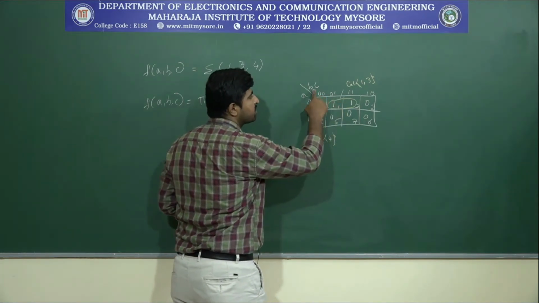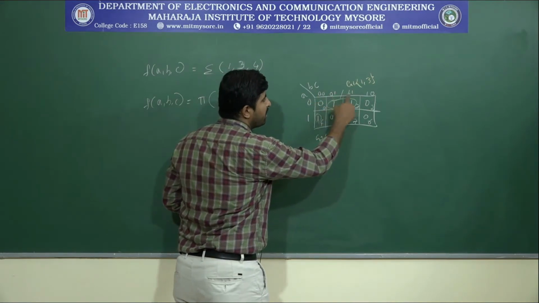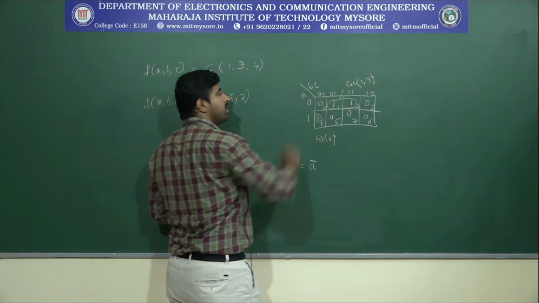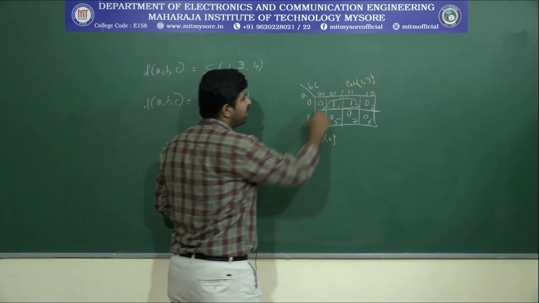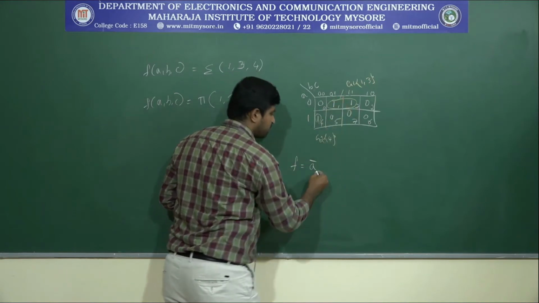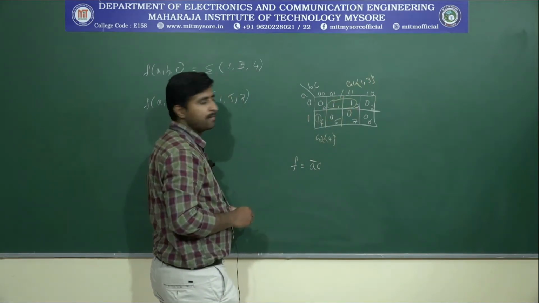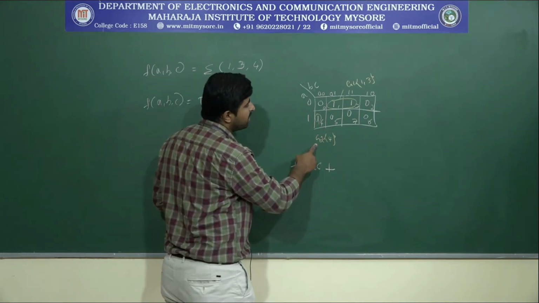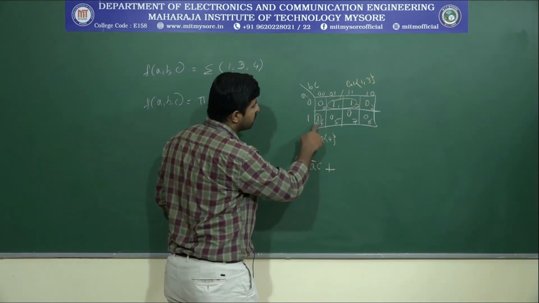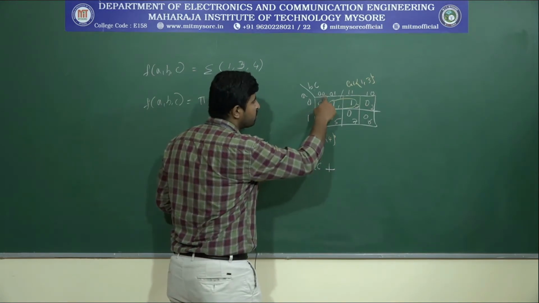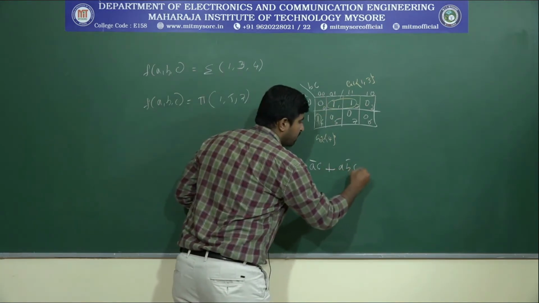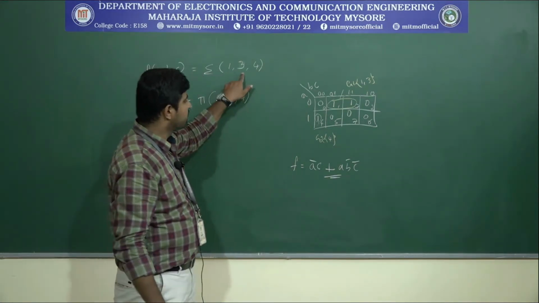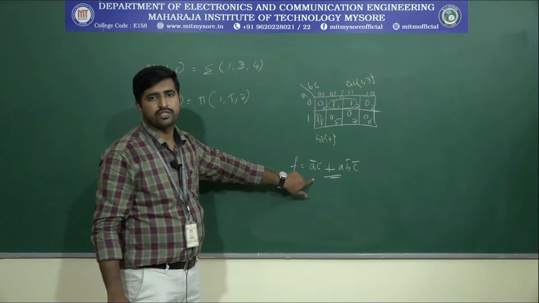Next, B and C: B has made a changeover, there is a transition for B, so we need to drop the B literal. The remaining literal is C equals 1. So that means A bar C. Next, summation, because one more group is there. What is the expression for G2? G2 corresponds to 1 0 0, that means A B bar C bar. And this is the simplified expression for this equation.